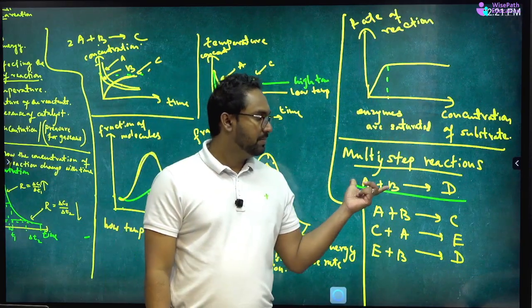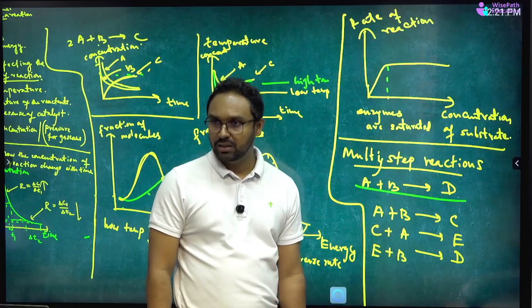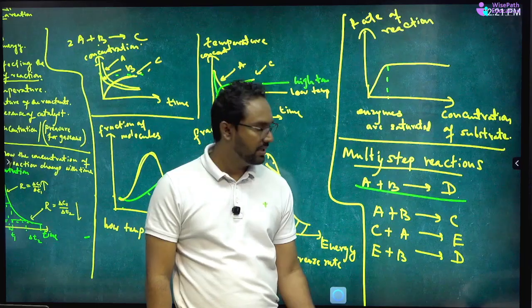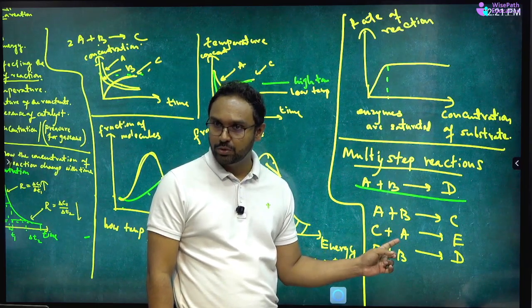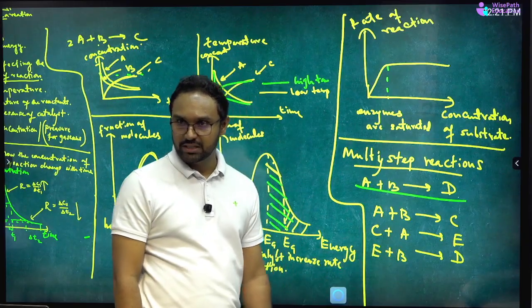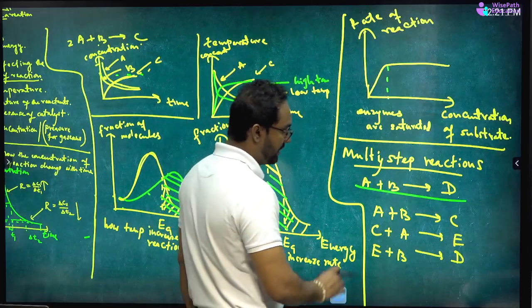So A plus B into D is the total reaction, but it didn't happen in one reaction. Instead, it went through three reactions. Right? So what happened here?